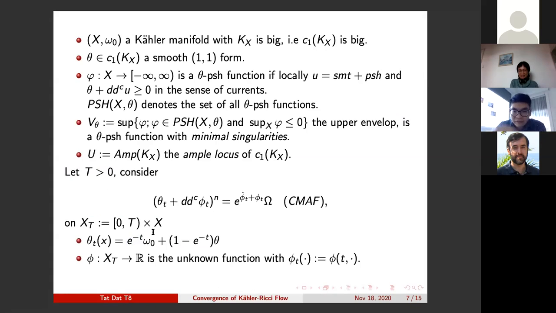And phi here is a function on this set, and this is the unknown function we must define and show.